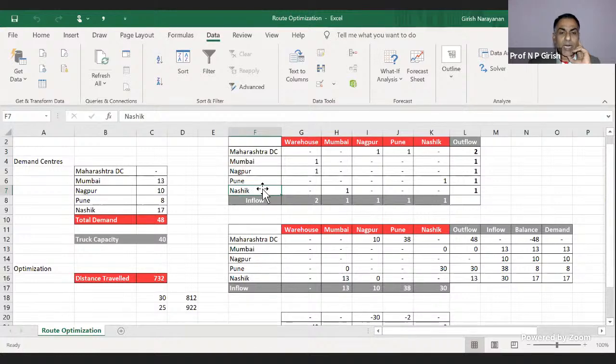Very good. So Pune, Nasik, Mumbai back, Pune, Nagpur back, 732. Interesting. Pune direct, that's also possible, but here it looks to be different, Manoj. Here, Nagpur and back, Pune, Nashik, Mumbai back.